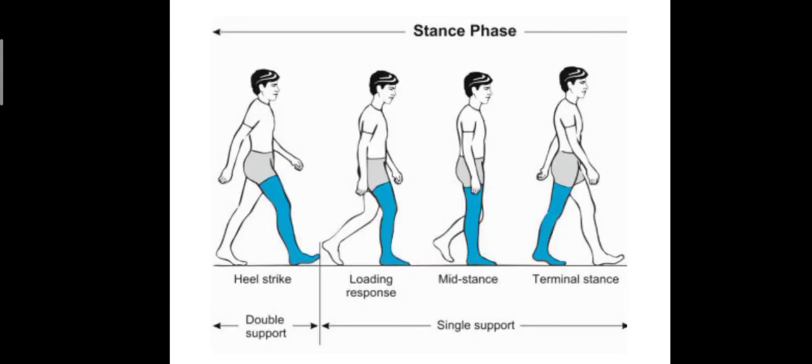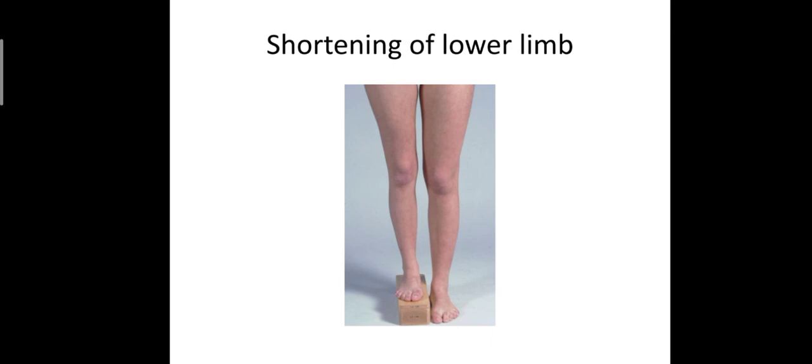So we see the stance phase of the gait. In this diagram, four figures: heel strike, loading response, mid stance and terminal stance. Shortening of the limb: in this we compare both legs of a patient, in which the length of the right leg is shorter than the left leg.